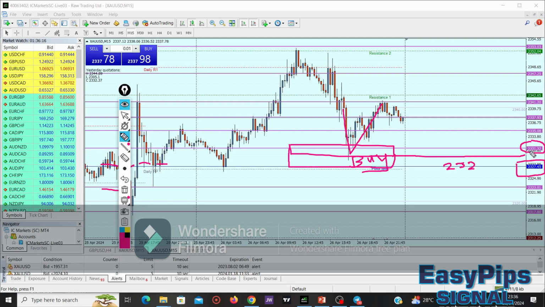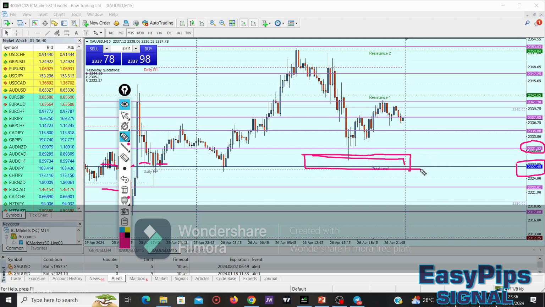So we're having 2331.32 to 2327.45. So this in itself is a zone. What the analysis is telling you is that the market should pull down to this particular level. You can start buying immediately once the market gets to that particular level. So once the market pulls down here, you should start buying, and it's anticipating the market will pull up from here.